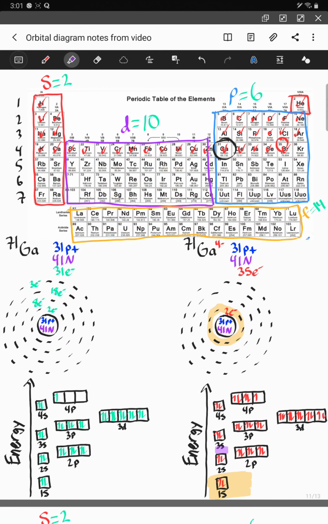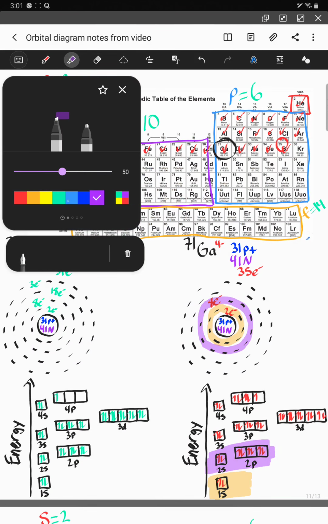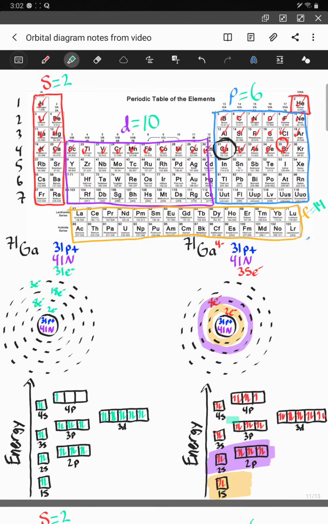The second energy level has 1, 2, 3, 4, 5, 6, 7, 8 total electrons drawn in because we have 8 arrows. So on this second energy level, we have 8 electrons. On the third energy level, I'm going to count how many arrows I have drawn in.